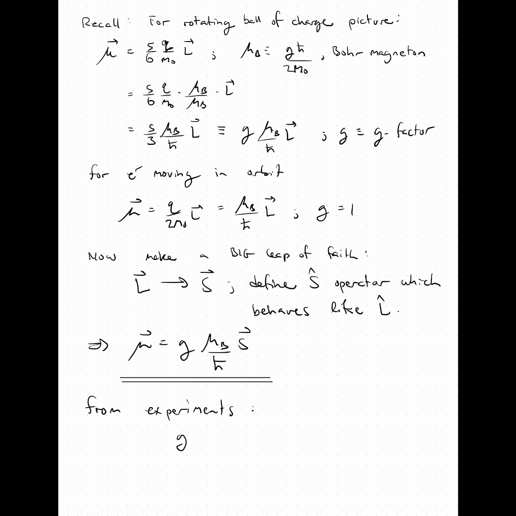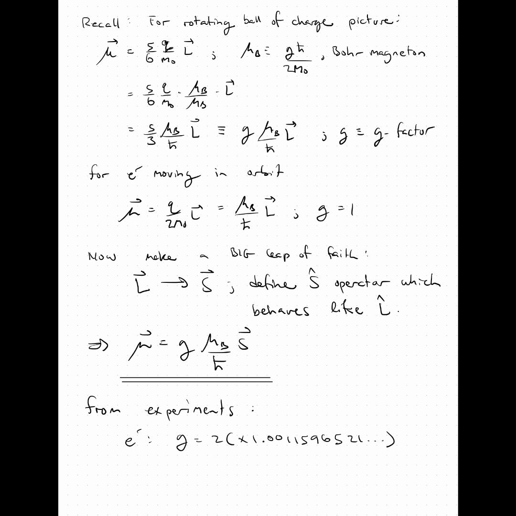And for the electron, g is 2. And actually, if you do very careful experiments, it's not quite 2, but it's very close to 2. This is interesting. It's this really long number that's not an integer by any means.